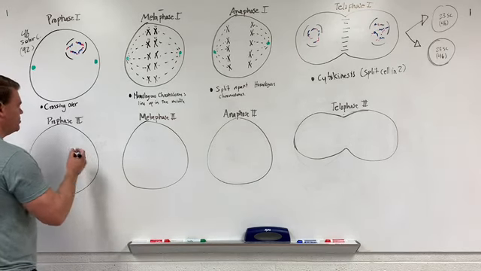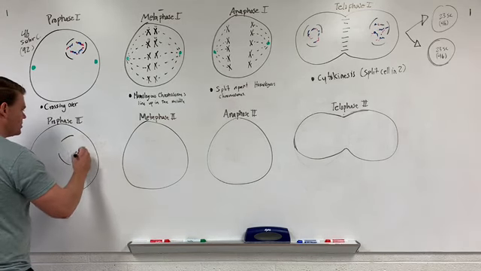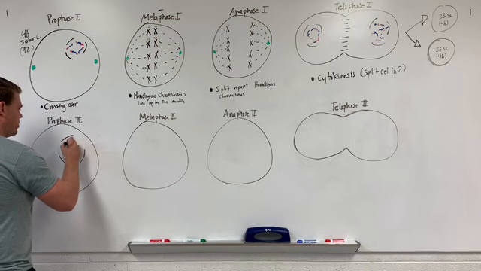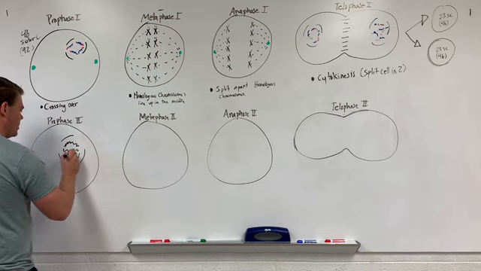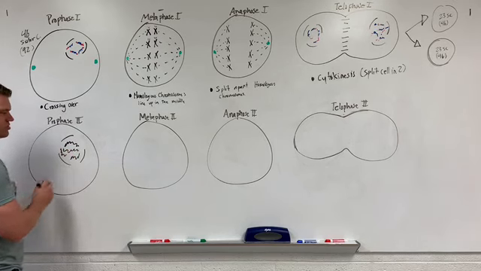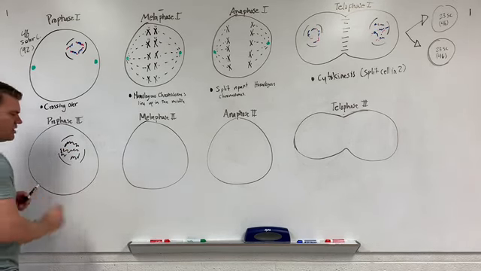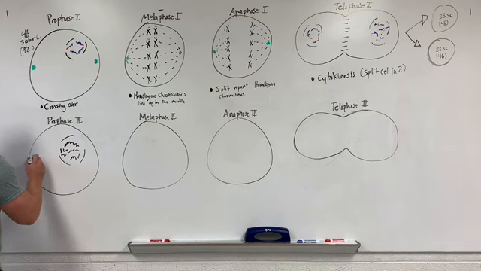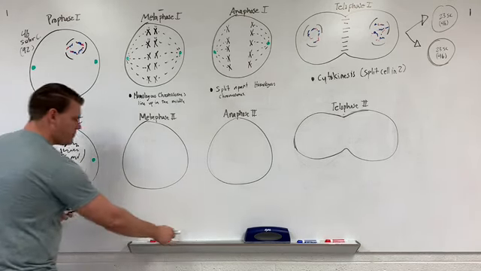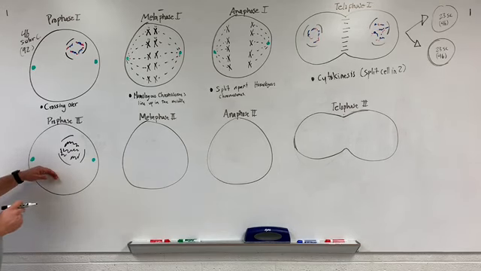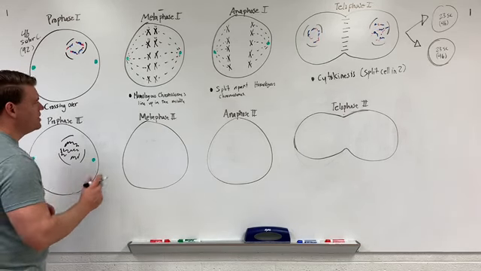So prophase 2, once again, our nuclear envelope starts to break up. Our chromatin goes back to chromosomes, so we can start to see them here. Our centrosomes migrate to opposite ends of the cell, just like we saw in mitosis.